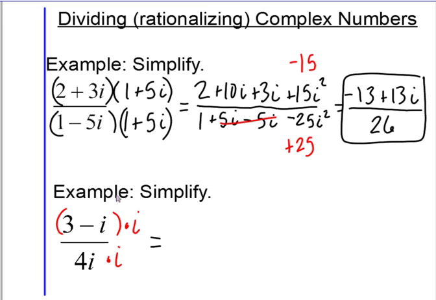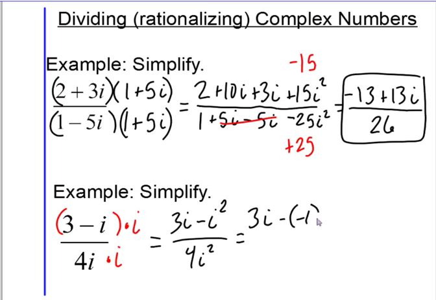So I end up with i times 3 is 3i. i times i is negative i squared. And on the bottom, I have 4i times i, which is 4i squared. So in two cases, I end up with an i squared. So I have a 3i minus a negative 1.